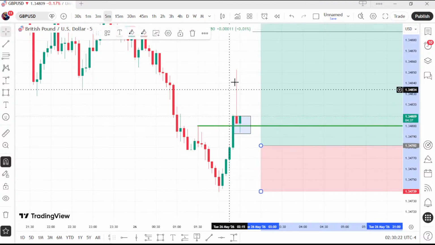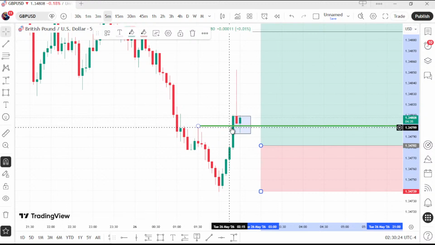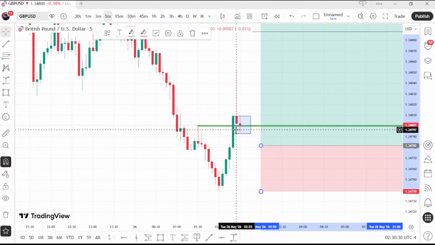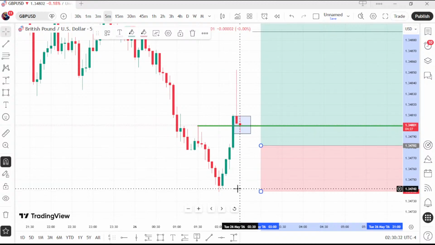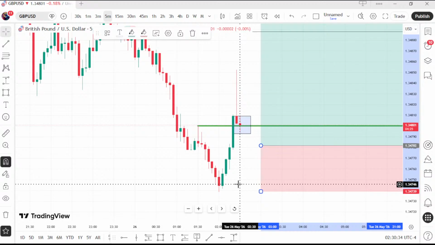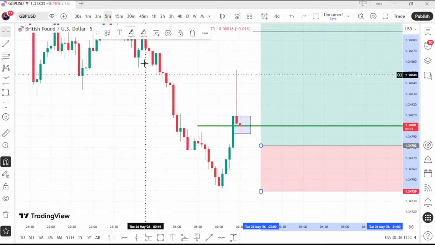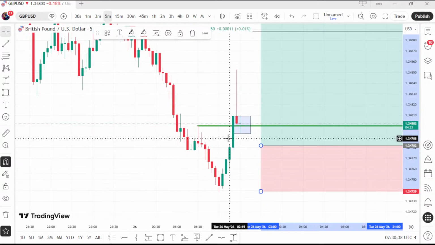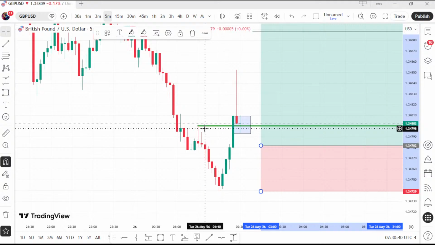You see market structure shift, then boom, entry into a 5 minute fair value gap. You see that? So I don't see price below here. That's a 5 minute fair value gap. You see our price is inside it.